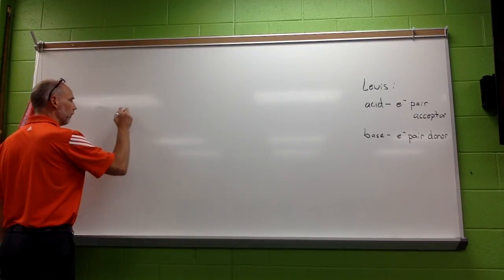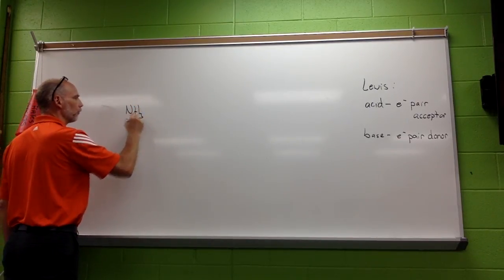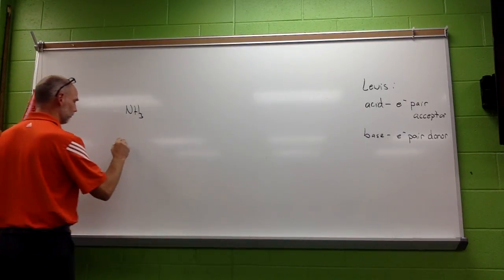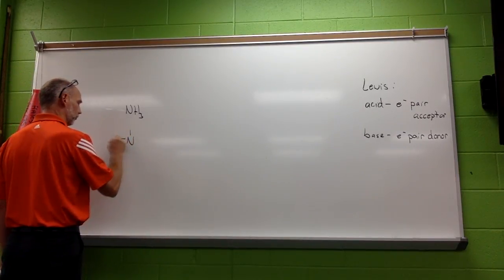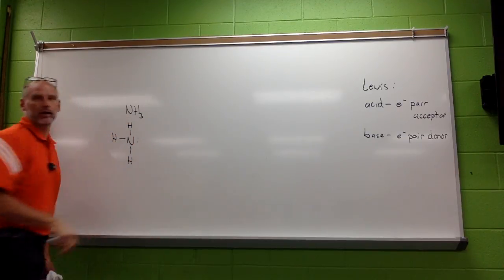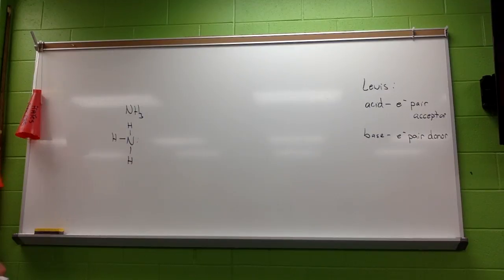So let's take ammonia. Now what I'm going to do is write the formula for ammonia up here, but then I'm going to draw the Lewis structure. If anyone remembers, there is an acceptable Lewis structure for ammonia. Remember, it has a lone pair of electrons.